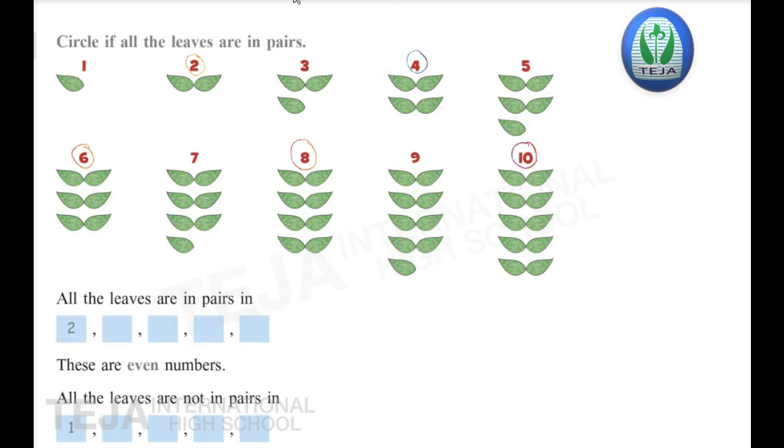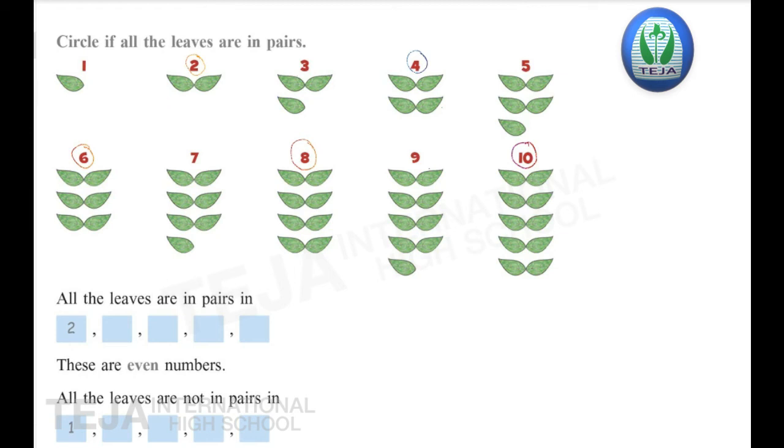And the numbers which are not having the pair of leaves are 1, 3, 5, 7, 9. These numbers are called as odd numbers. What are odd numbers, children, here? 1, 3, 5, 7 and 9. These numbers are called as odd numbers.